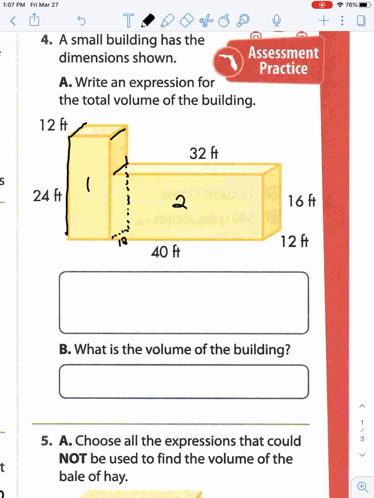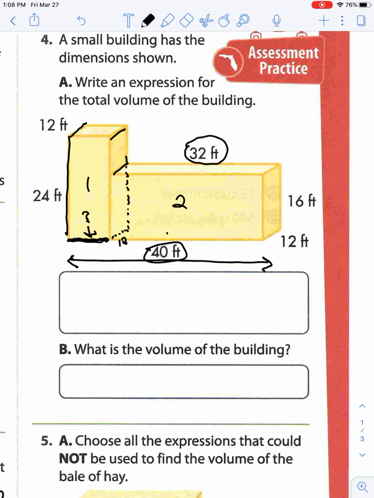We know that our height is 24, but what is this amount right here? And the key is that they tell you that the whole length from here to here is 40. Well, how do I know what this one is? Okay, I have to use the 32 opposite it because that's the length of the second rectangular prism.